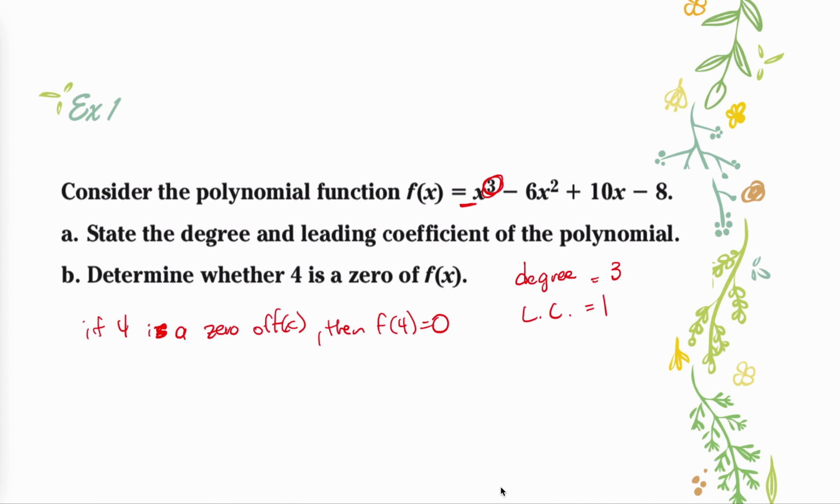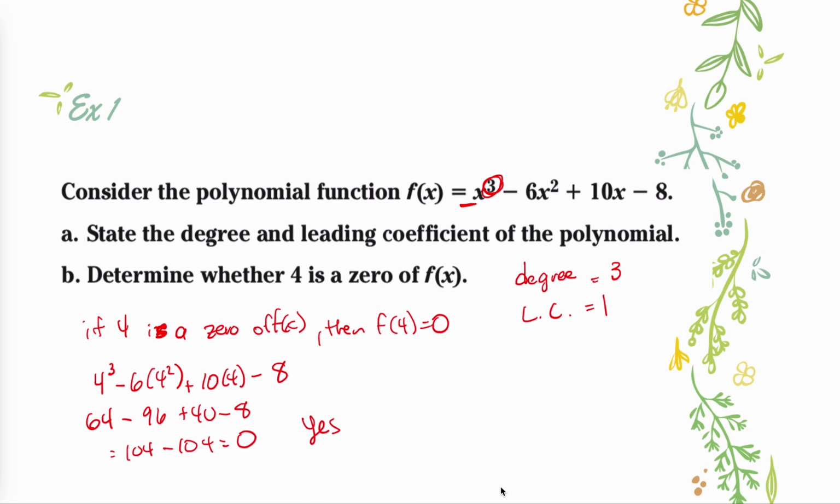So plug in 4: 4 to the third minus 6 times 4 squared plus 10 times 4 minus 8. 4 to the third is 64, minus 6 times 16 is 96, plus 40 minus 8 would be 104 minus 104, which is 0. So yes, 4 is a 0 of f of x.